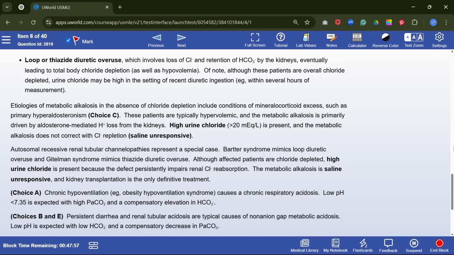What does ACTH actually do? ACTH acts on the adrenal cortex, so it stimulates glucocorticoid production. Cortisol at a high level has a mineralocorticoid effect, especially when it overwhelms.